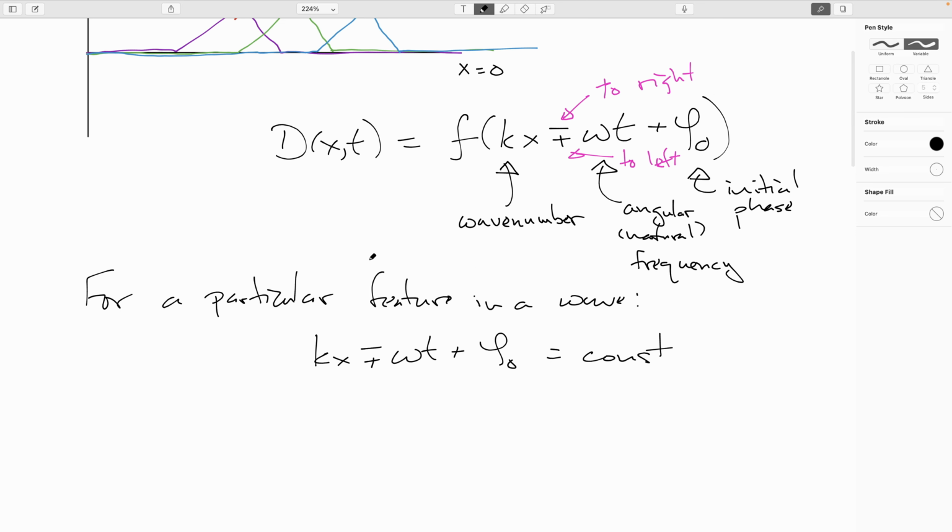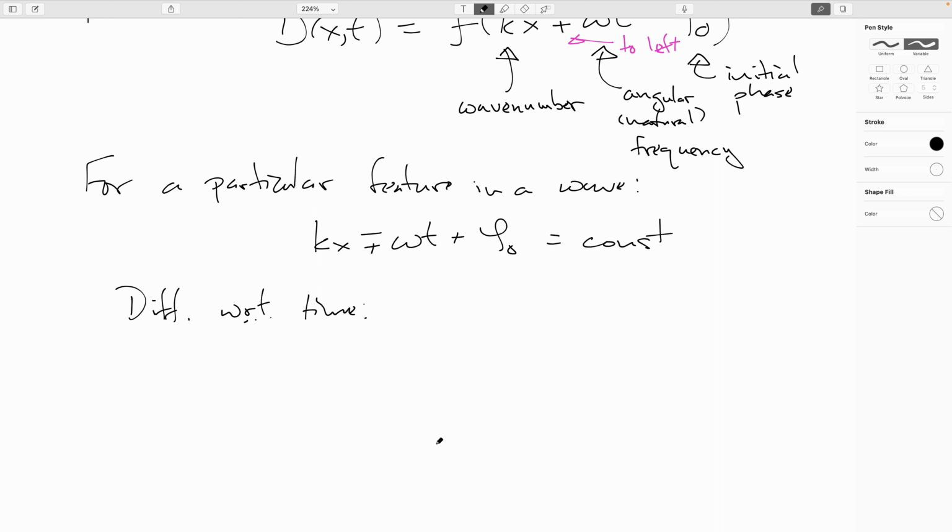But this will let me get the speed of my wave, because I can differentiate both sides of this with respect to time. So differentiating the first term with respect to time, k is a constant, I can pull that out of the derivative. And I'll be left with dx dt.